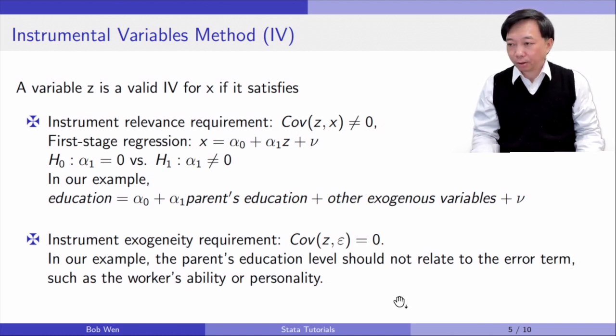It implies that the parent's educational level should not relate to the worker's ability or personality. This is the hardest part to justify a valid instrument.